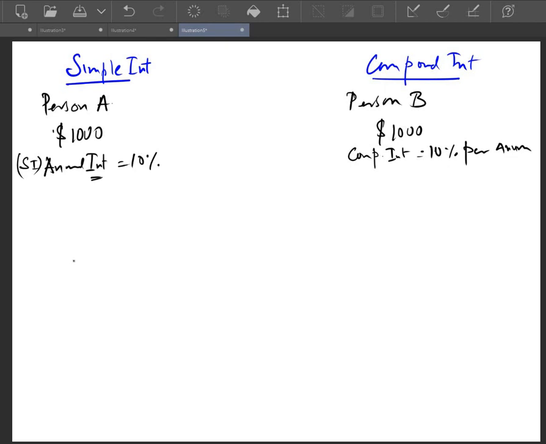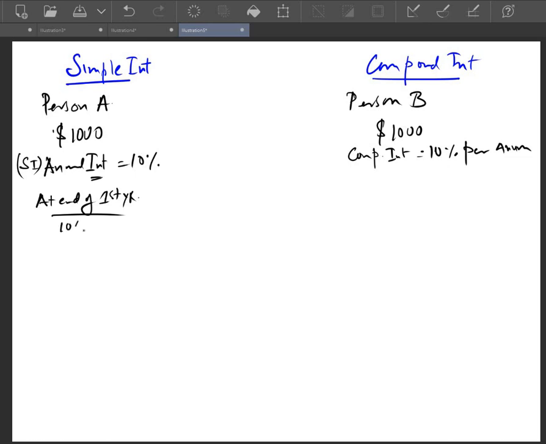Now let's see what happens to their money in a few years' time. So we'll take an example of maybe the first 2-3 years. So at the end of first year, this person A, since he's deposited $1,000, the bank is happy to give him 10% of $1,000.